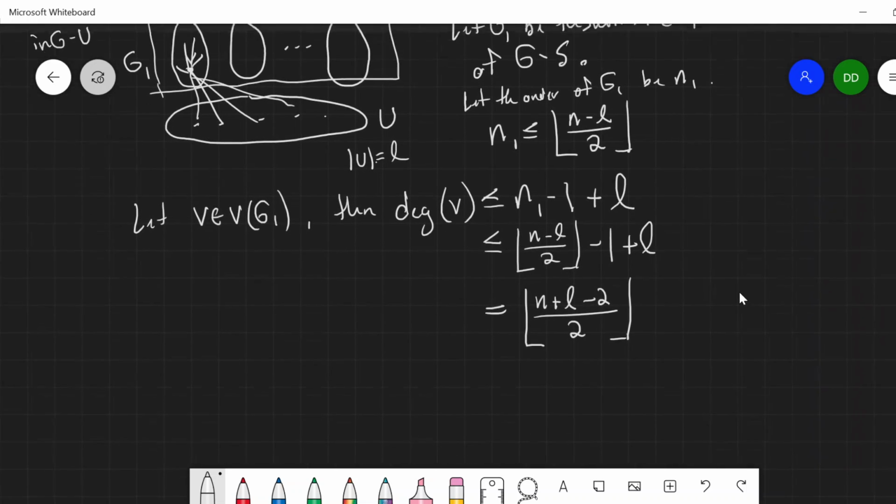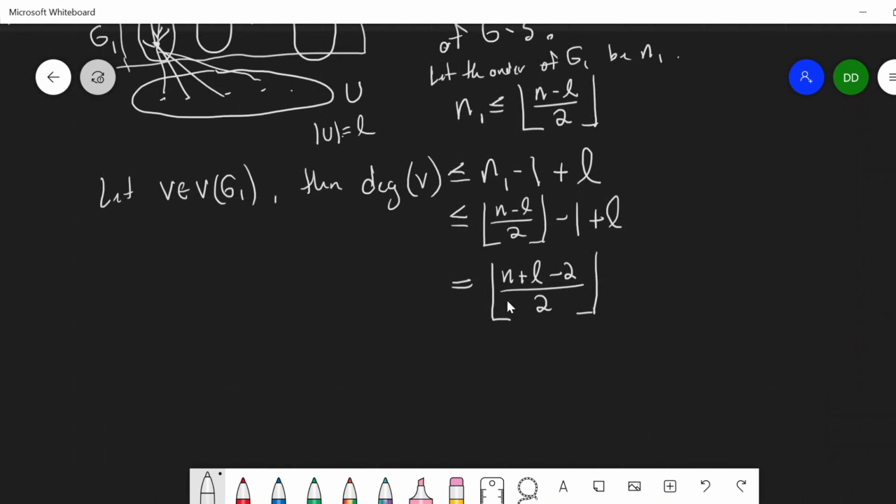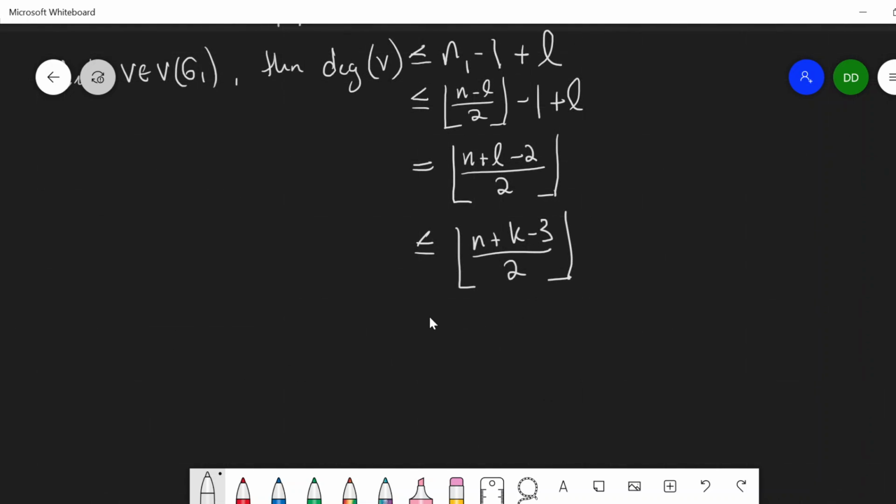Now we know L is at most K minus 1, and so this is less than or equal to N plus K minus 3 over 2. And this is strictly less than the ceiling of N plus K minus 2 all over 2.